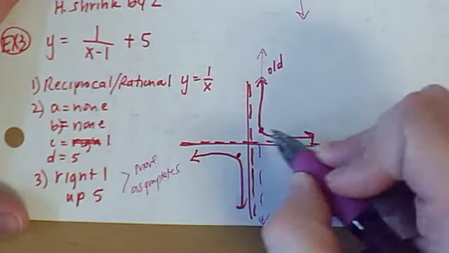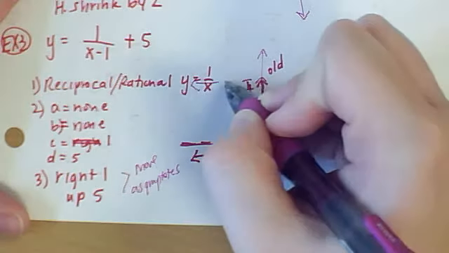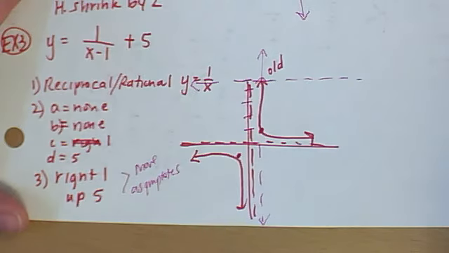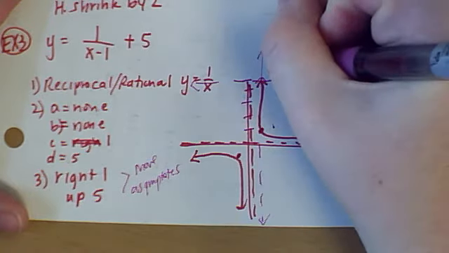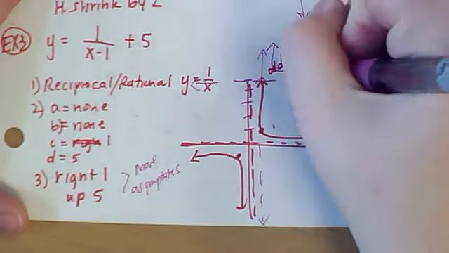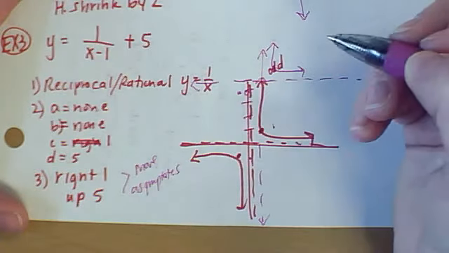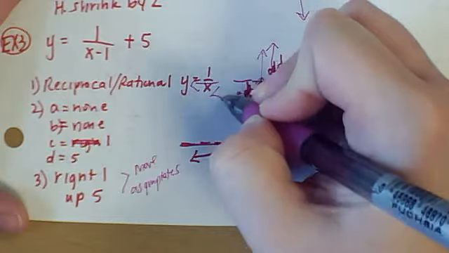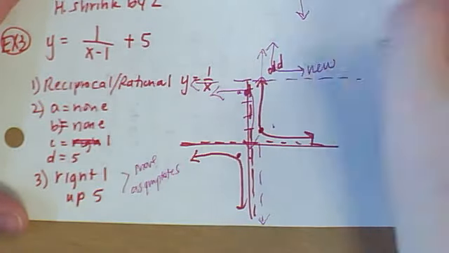And then I'm going to shift this one up 5. So 1, 2, 3, 4, 5. Okay, so there's that. And then I'm going to shift this point right 1, up 5. So it ends up being right where I wrote. Whoops. So right 1, up 5. So that one is your new.